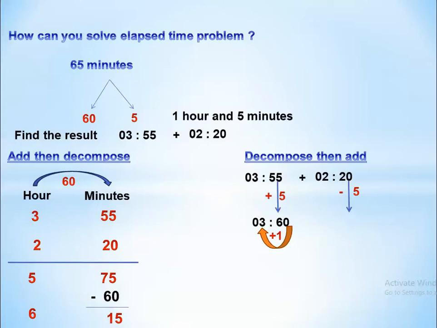I can't have 60 in the minutes. So I will add 1 to the hours. So it will be 4 hours plus 2 and 15. Let's add, hour plus hour and minute plus minute, it will be 6 and 15.